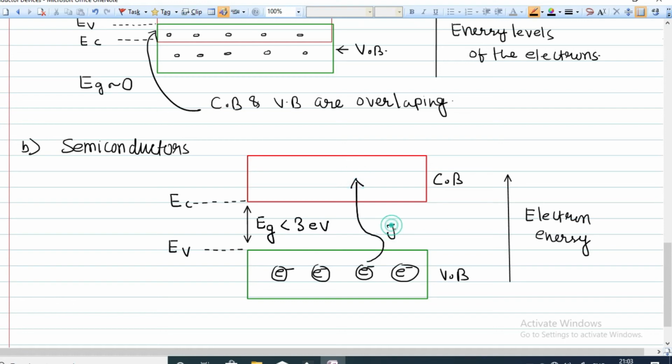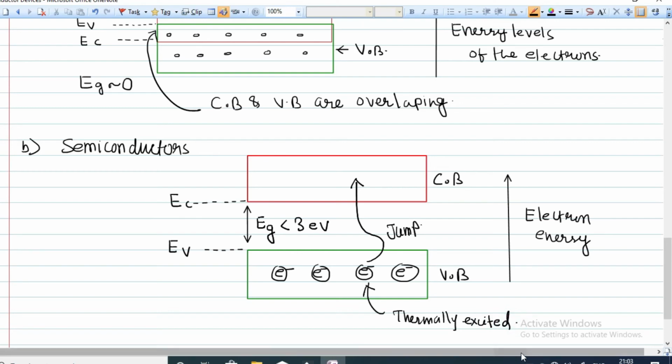The electrons may jump from the valence band to the conduction band, because the energy difference between the conduction band and valence band is very low if it is thermally excited. When thermally excited, these electrons can jump from the valence band to the conduction band, and this way the semiconductor will start conducting.